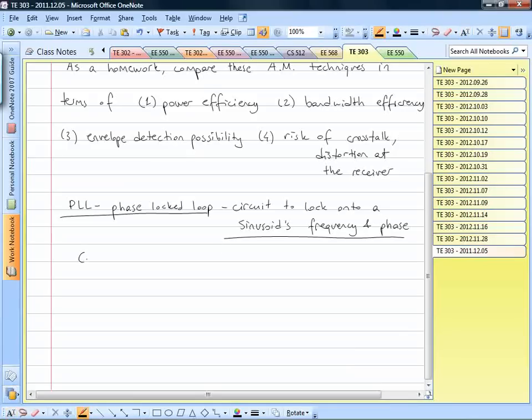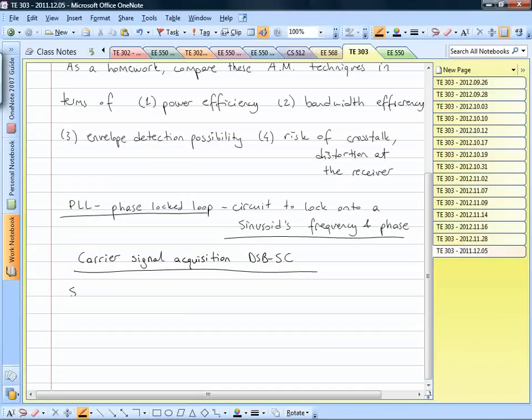So how can we get the carrier signal acquisition in double sideband suppressed carrier modulation? Okay, well, we can use such a circuit.